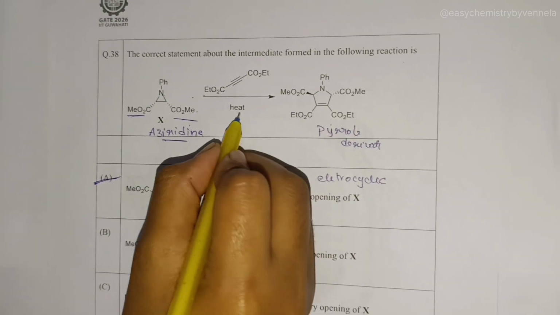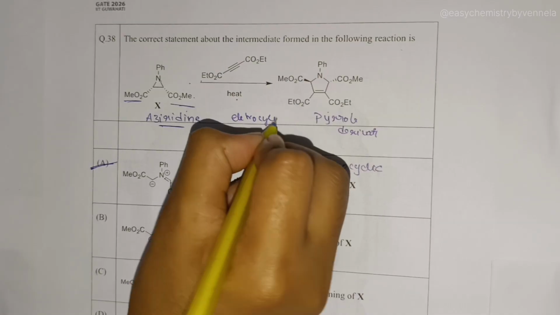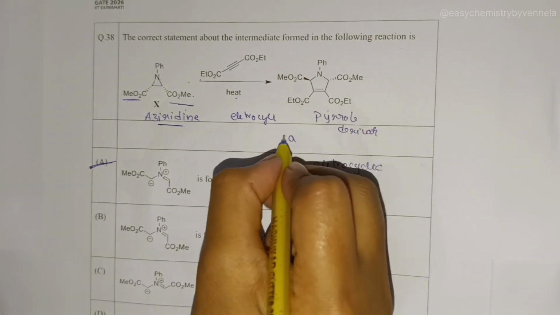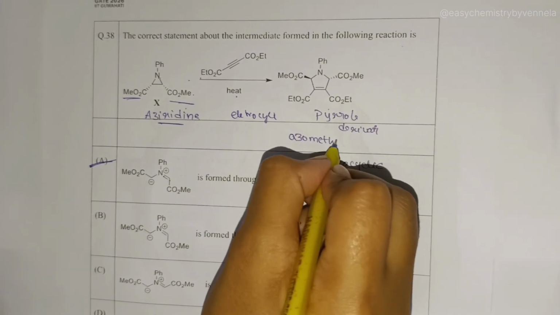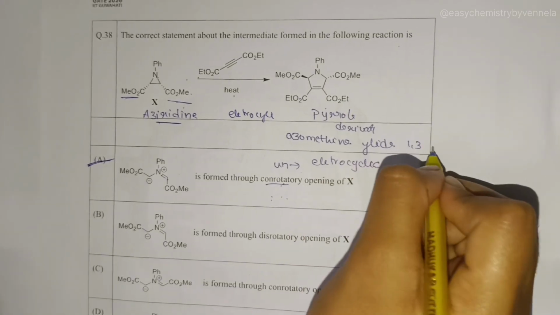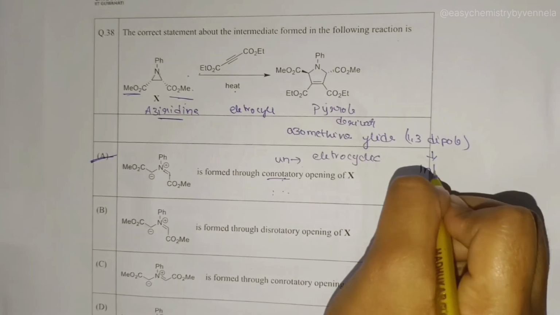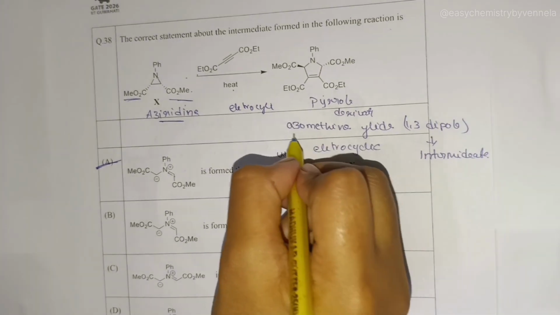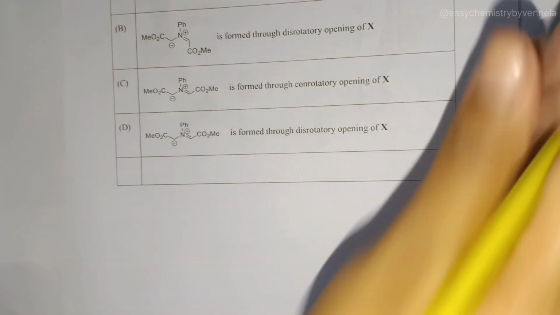On heat, aziridine undergoes electrocyclic ring opening to give azomethine ylide. That is a 1,3 dipole. It is the intermediate. It forms azomethine. So this is the reaction.